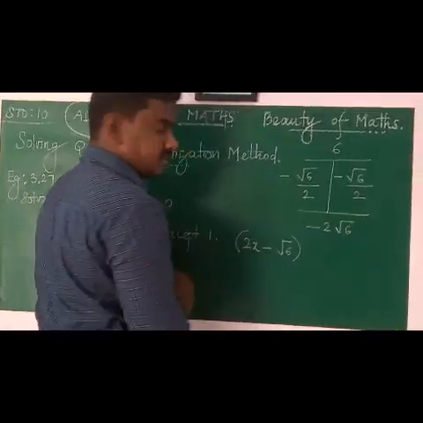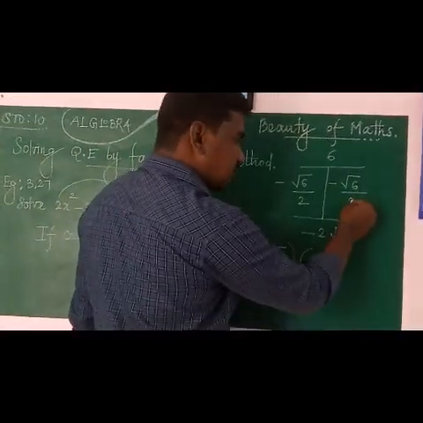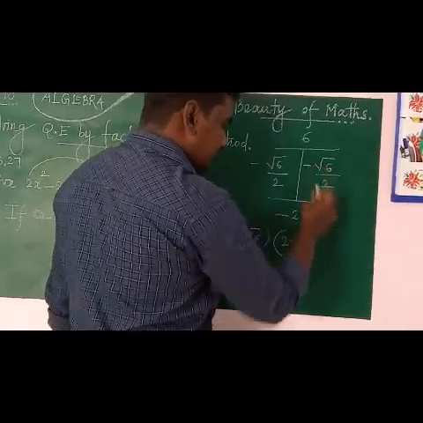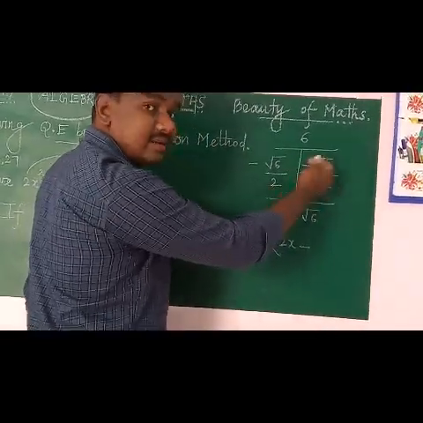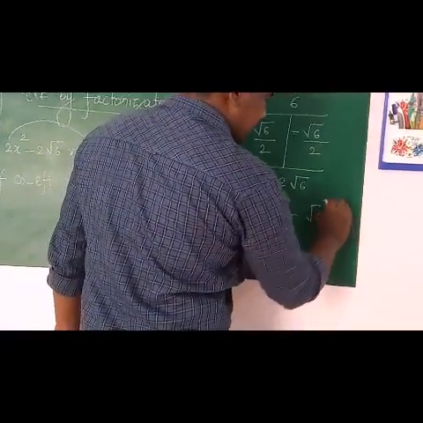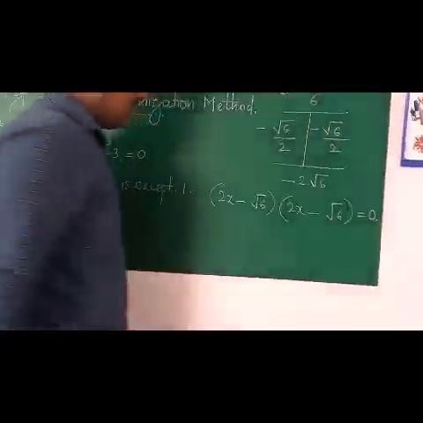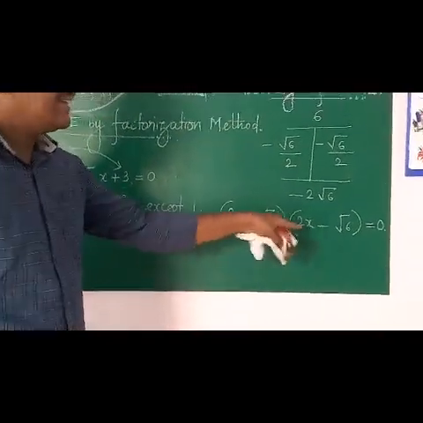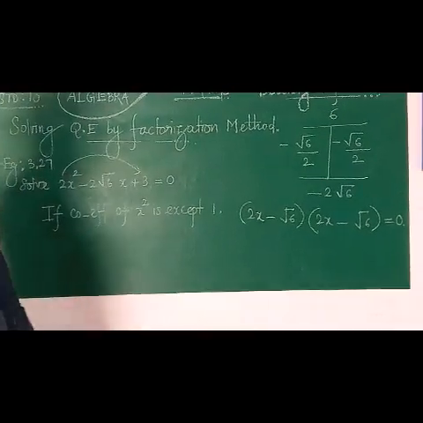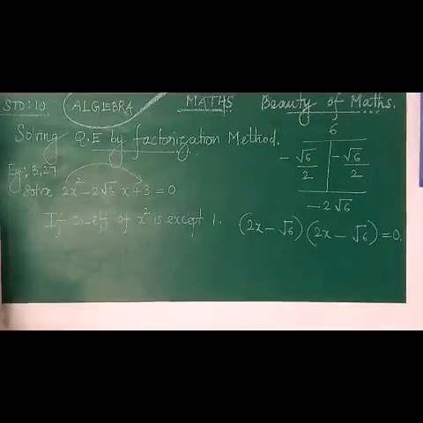This is one factor. The other factor is like this, 2 into x. If the variable is y, then 2 into y. Here minus; if plus is there, we write plus. So minus root 6 is equal to 0. Now we have found the two factors. This and this are the factors of this quadratic equation.